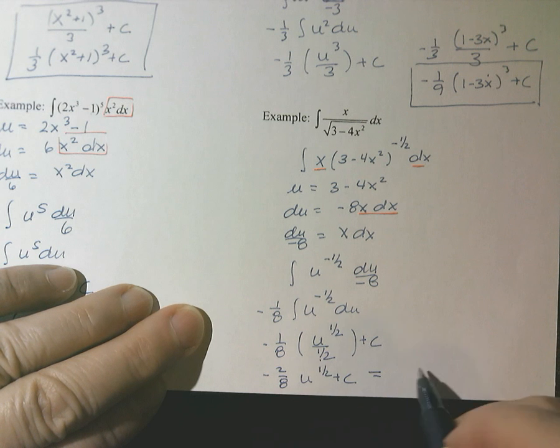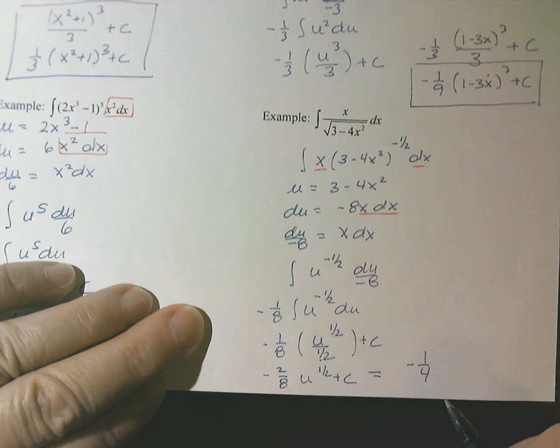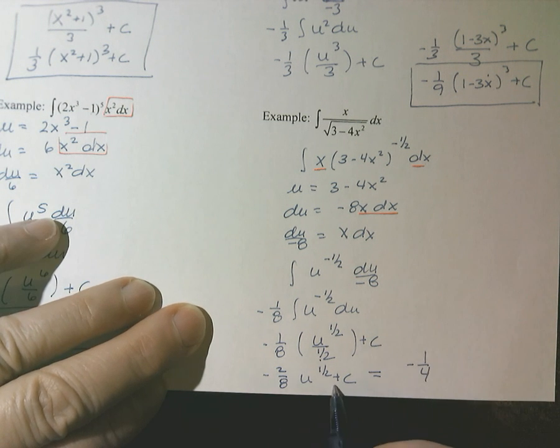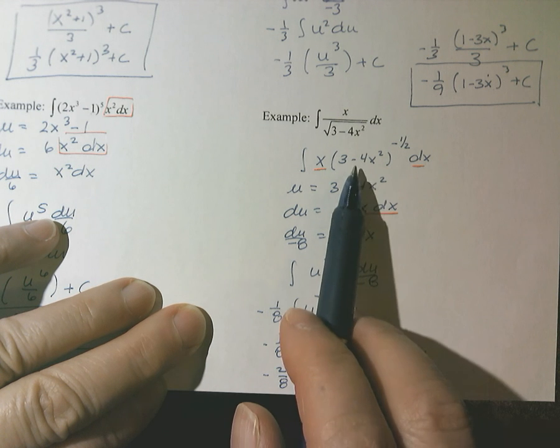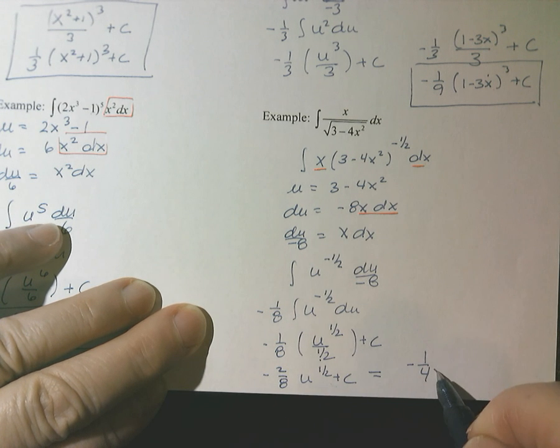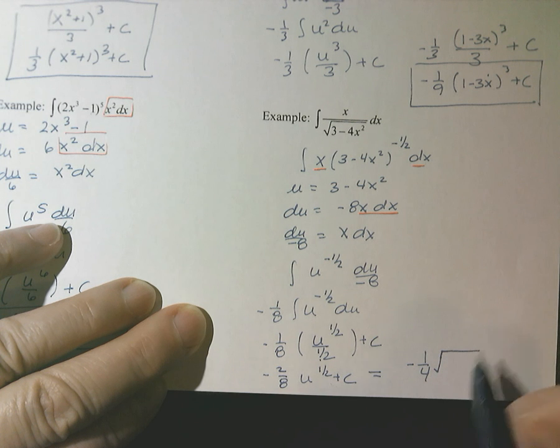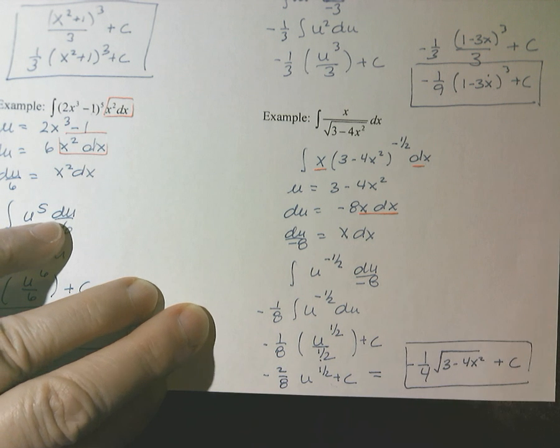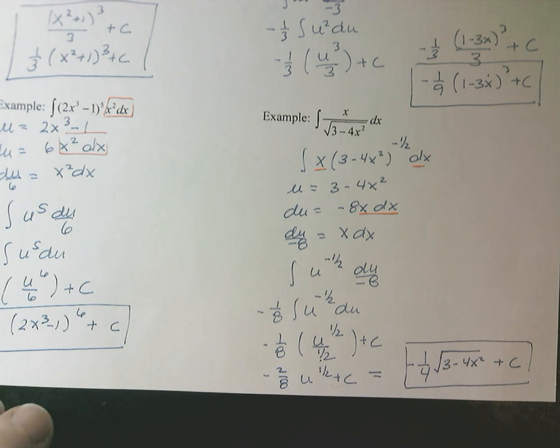So it gets written as equal to negative 1/4 u to the 1/2. I can leave it as 1/2 power, or I can do a square root. I'm just going to do a square root. And there's my answer.